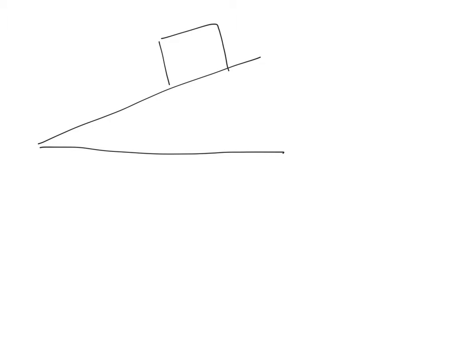With inclined planes, we have the idea of a ramp. That's really what it's about. And there happens to be some object on that ramp, on that incline. For now, we're going to be leaving out friction.